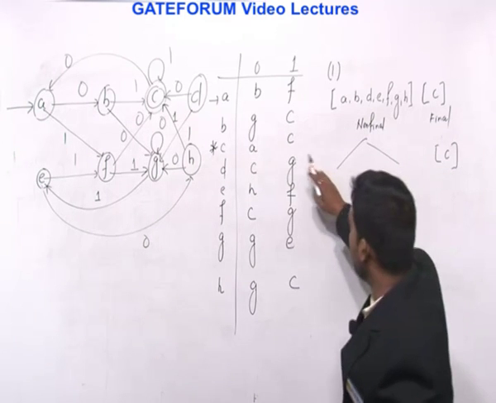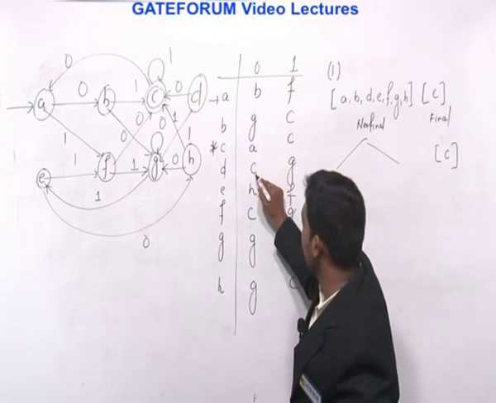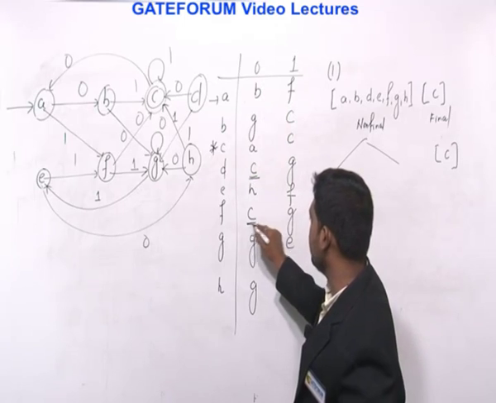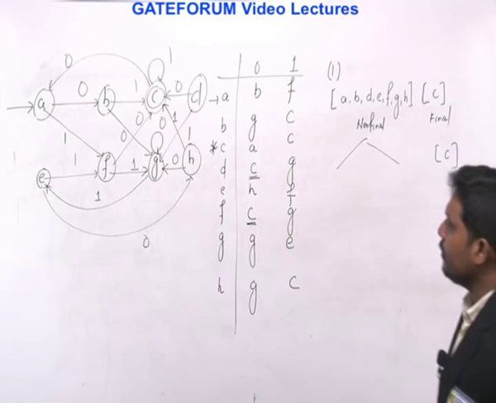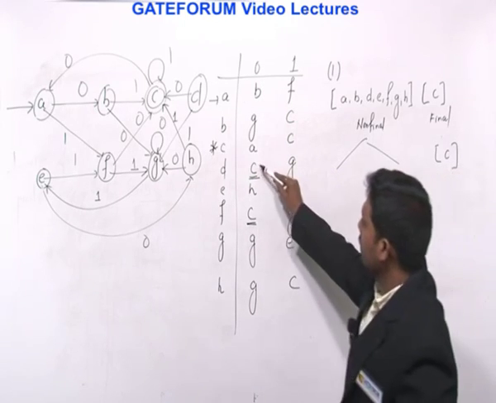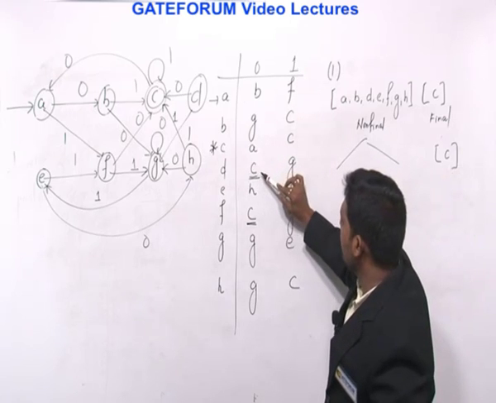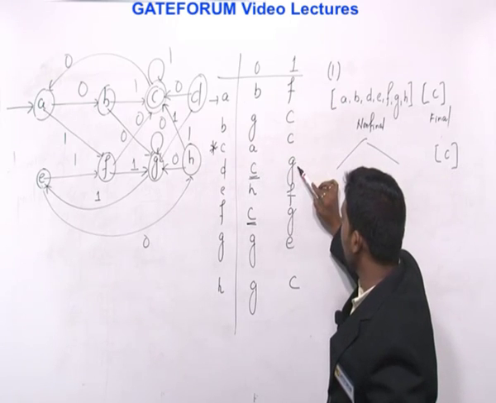If you look at C, on input 0 C is available here and here. On input 0, D goes to C, and on input 1 goes to G, a non-final state.